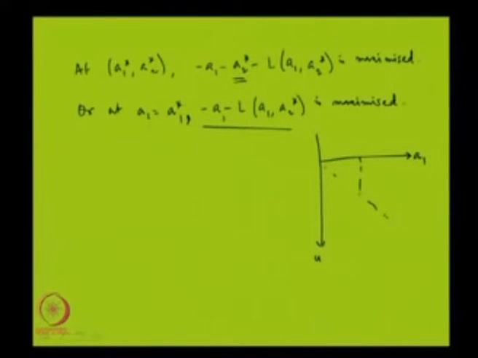This is a 45-degree line, and we are talking about this part, and this is the function which is minus A1 minus L A1 A2 star. Therefore, the maximum value that can happen is only at this point, at A1 is equal to A1 star.